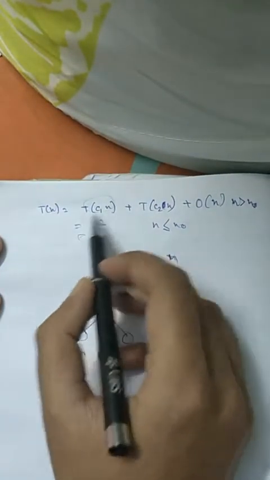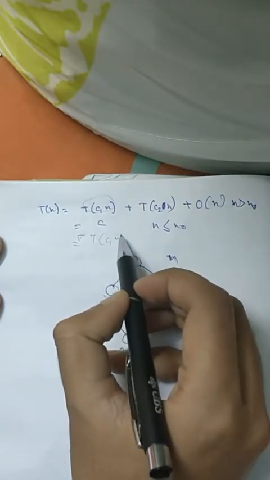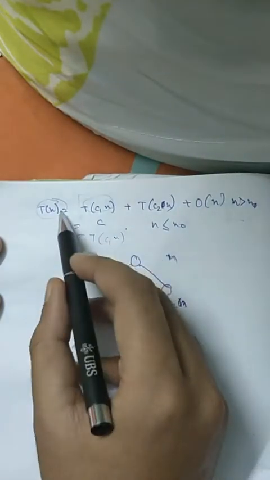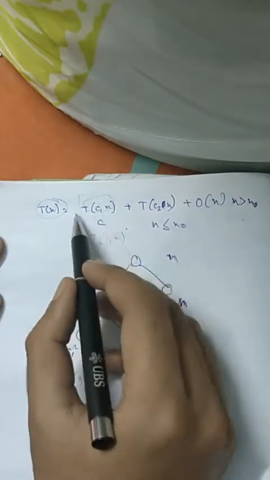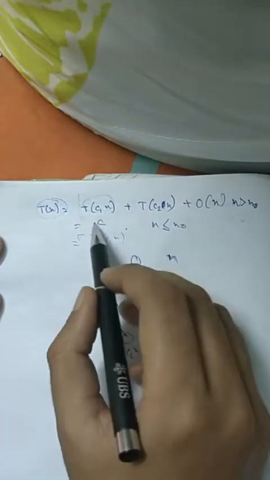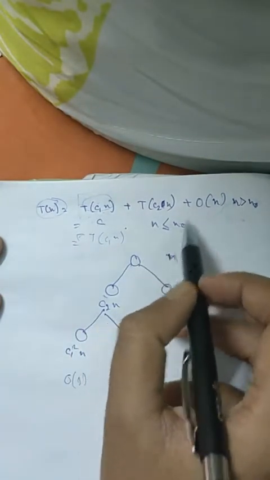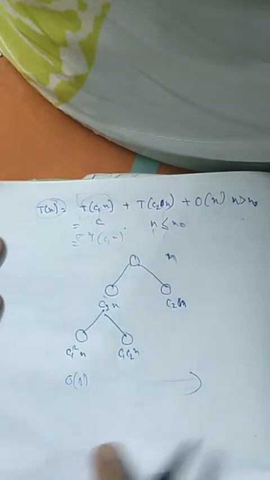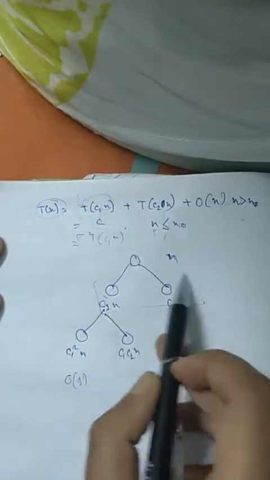So basically what we do is, in each step we'll replace T(c1 n) with this equation itself. So here we'll replace c1 n, and whatever equation we get here, we'll put that. The order n terms remain, and finally these will turn out to be order 1 in the leaves, and these order n's will come in each part.